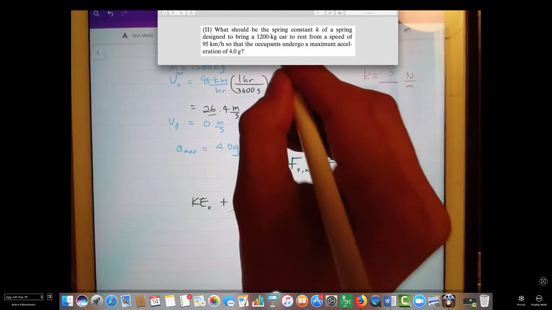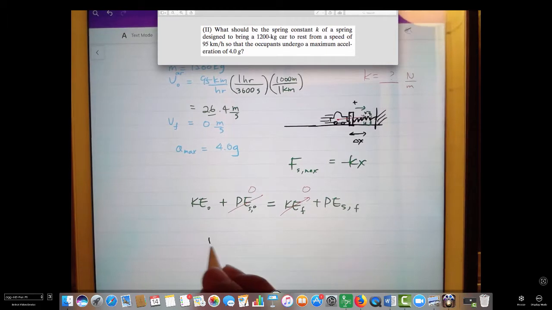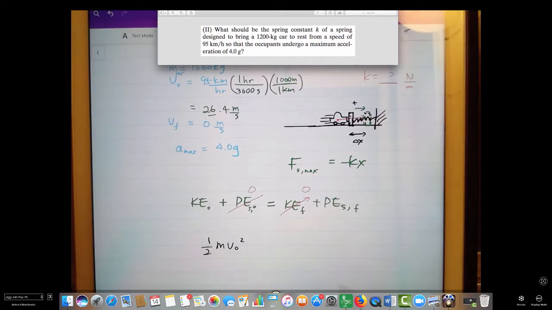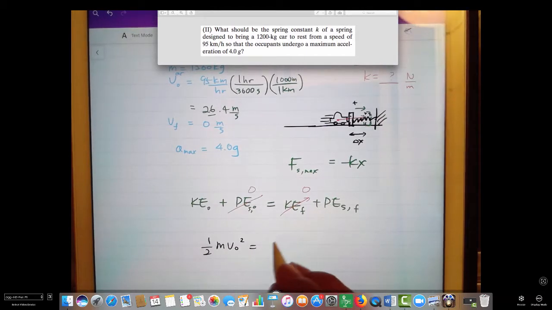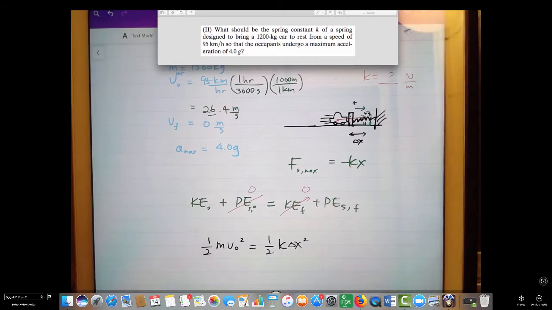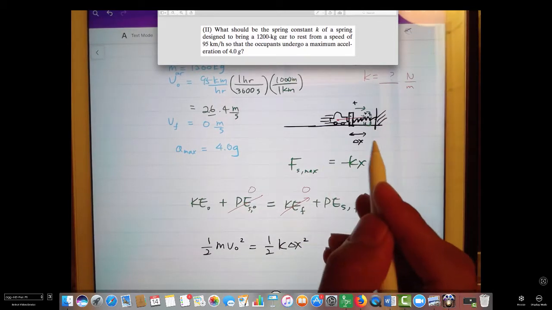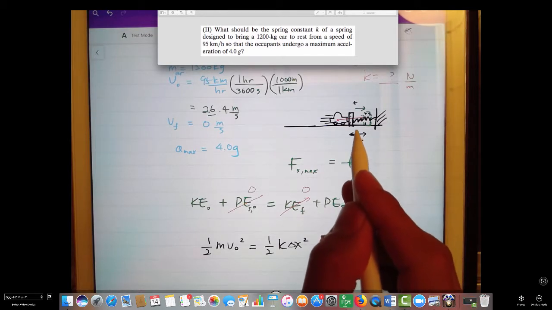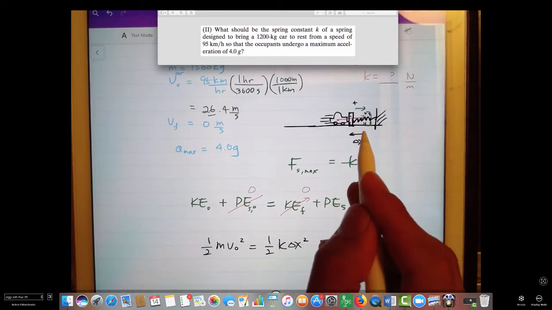So we write the kinetic energy of the car, 1/2 m v naught squared, and then the potential energy of the spring, 1/2 k delta x squared. The delta x in this frame will be positive because we'll align it with the direction of the car.